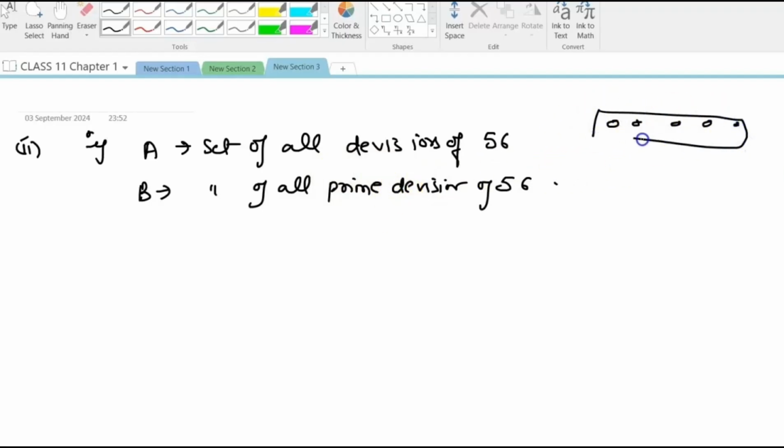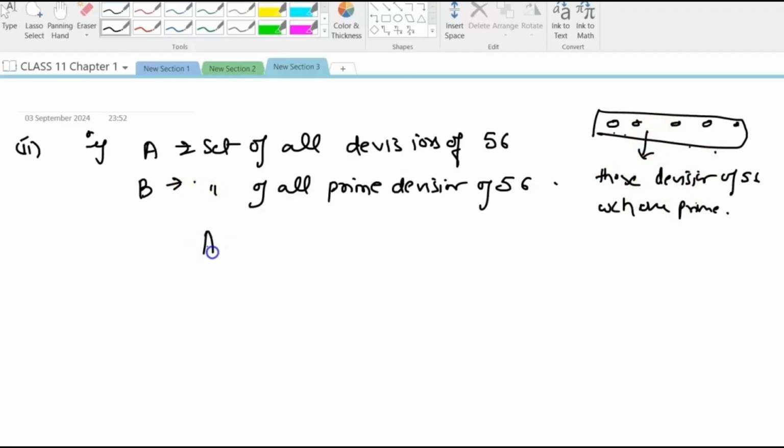It means you will choose those divisors of 56 which are prime to get the set B. This means that you are choosing the elements of set B from the elements of set A.